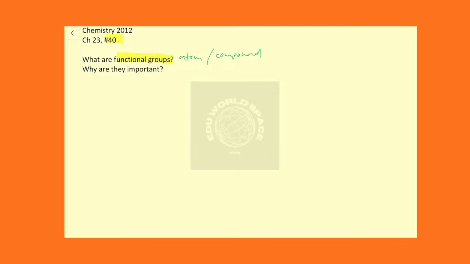So they are important because these functional groups exhibit their own chemical properties. And those properties affect the chemistry of the larger molecule.